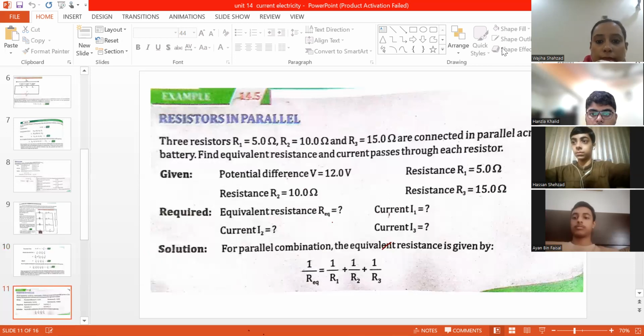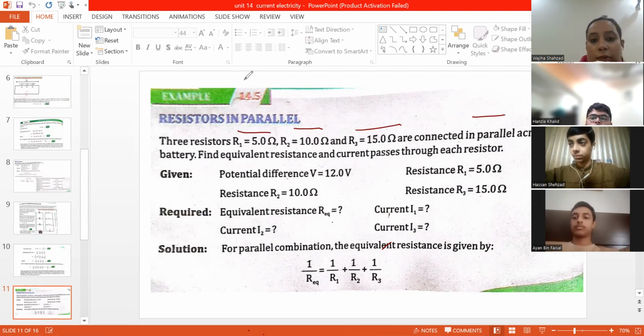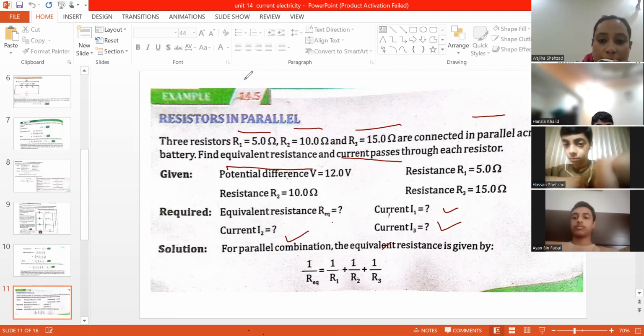In this example, 3 resistances R1, R2, R3 are given to us. They are connected in parallel combination. Find the equivalent resistance. We have to find out the total value of resistance and the current passing through each resistor. It means we have to find out the current across each resistor, right?